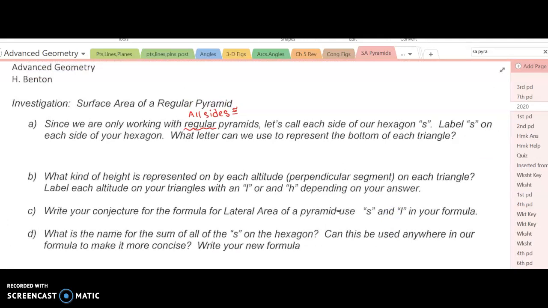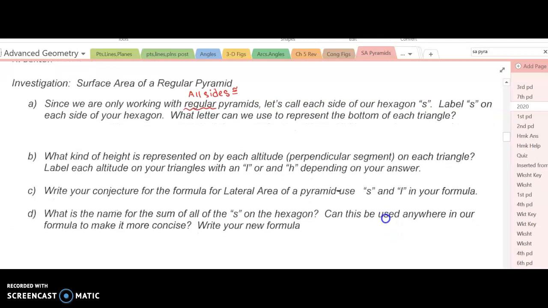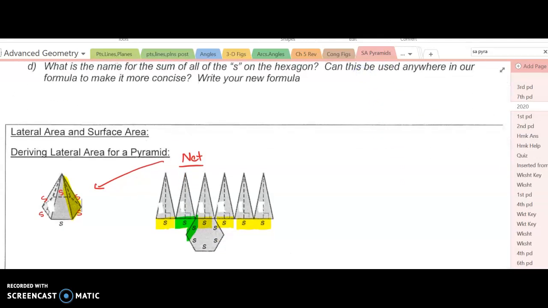What kind of height is represented on each altitude, the perpendicular segment on each triangle? Label each altitude on your triangles with an L or an H depending on your answer. So we're talking about these altitudes here. Are those the height going up the middle of the pyramid, or are these the slant height on the sides of the pyramid?